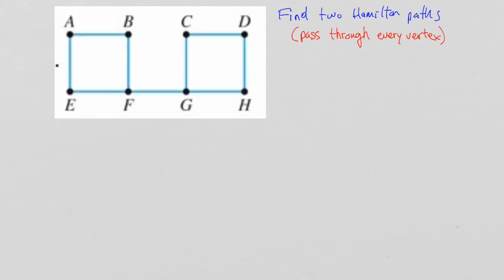All right, now let's take a look at finding 2 Hamilton paths. Remember that Hamilton is concerned about passing through every vertex, not necessarily every edge.